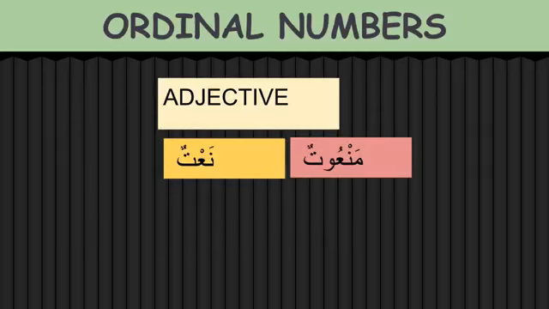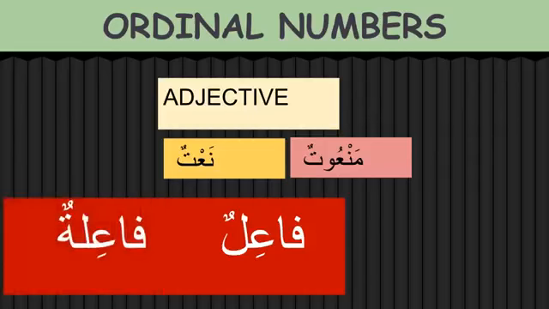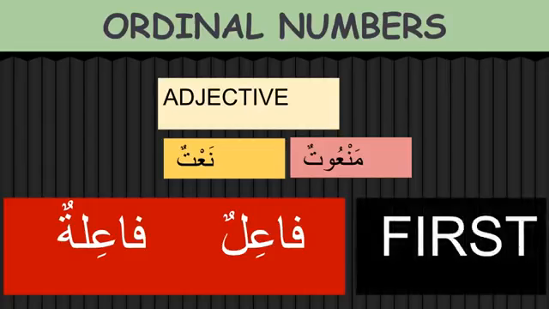They all match in all aspects. Marfu, mansoob, majroor, everything will be changing. So it comes in a pattern. The ordinal numbers come in the pattern of fa'ilun for masculine nouns and fa'ilatun for feminine nouns. So that's the pattern, except for the number 1, which is first, which is an irregular number, and we'll see how it is constructed.